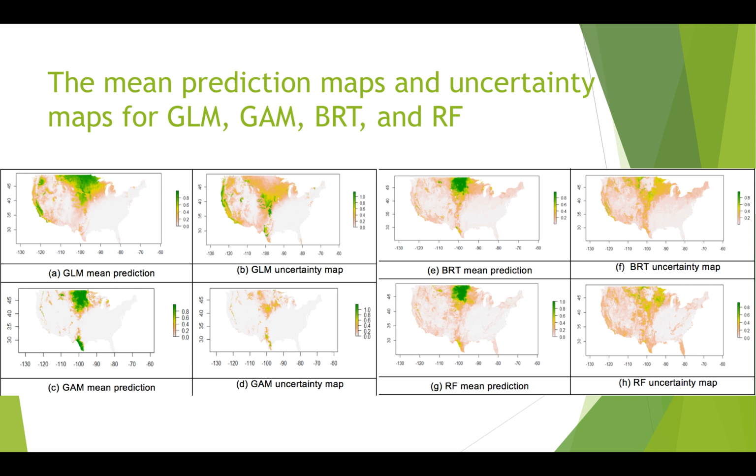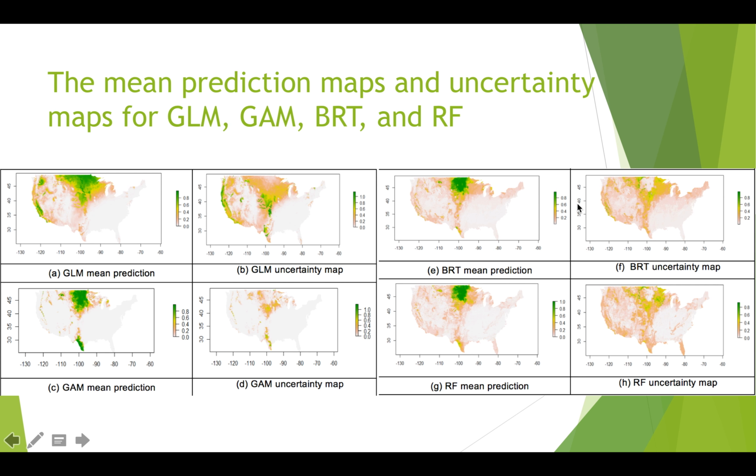However, when we look at some of the previous literature, only the western part of Texas is regarded as a risk zone for anthrax. But the uncertainty map for GAM didn't show much variation.